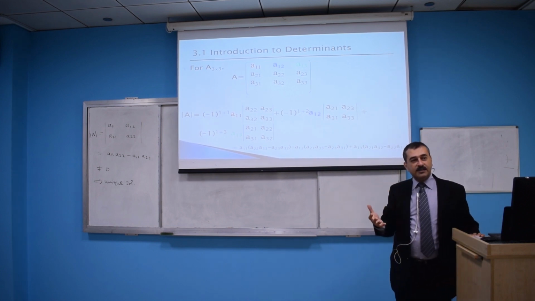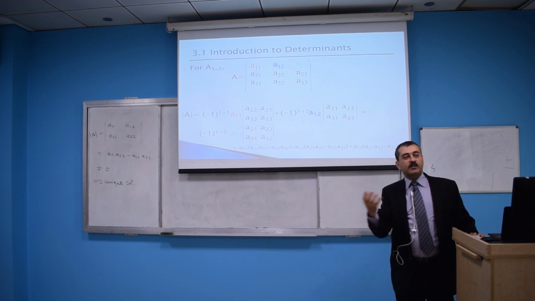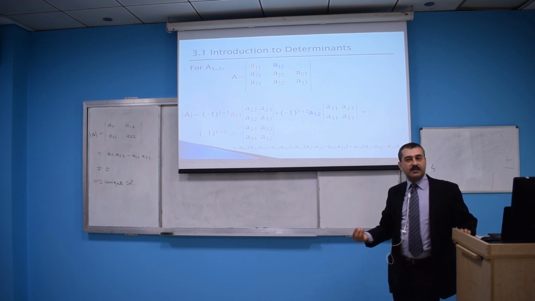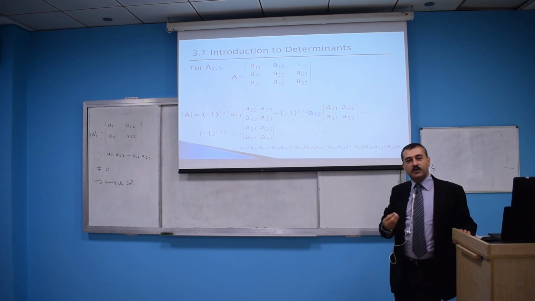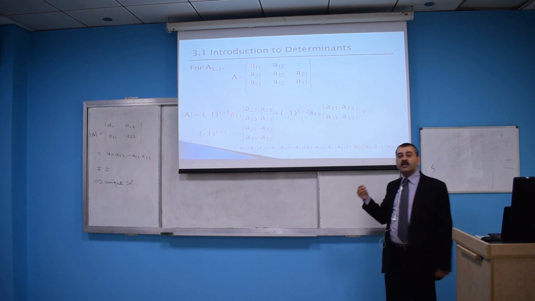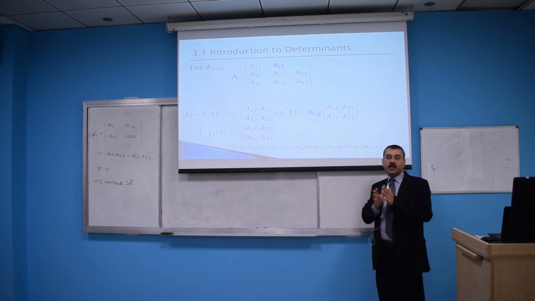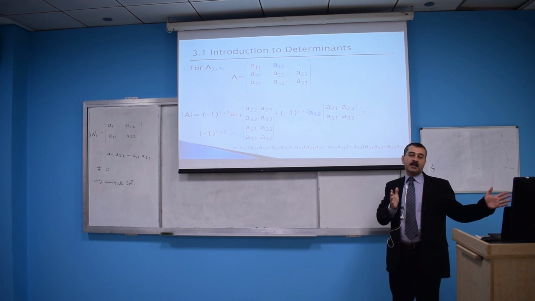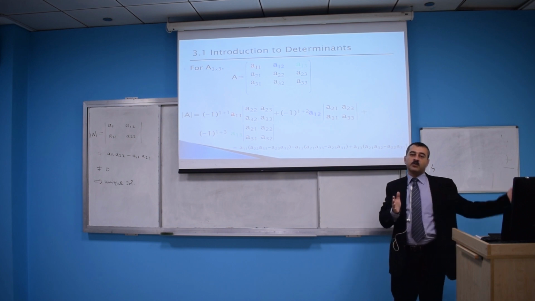So to check if your system AX equals B, when A is a square matrix, has a unique solution or not, you can check whether the determinant vanishes or not. If it vanishes, then you don't have a unique solution. You'll have either an infinite number of solutions or no solution.